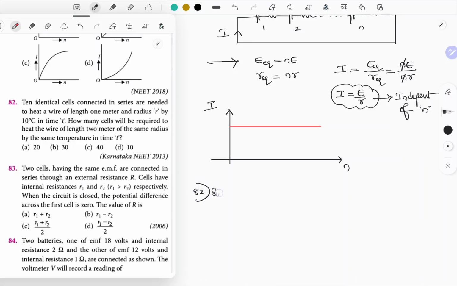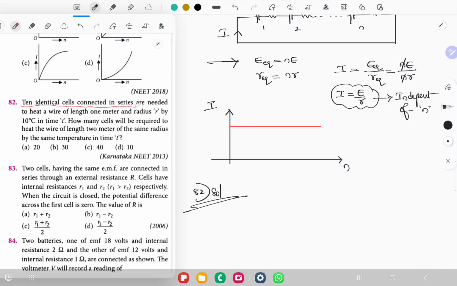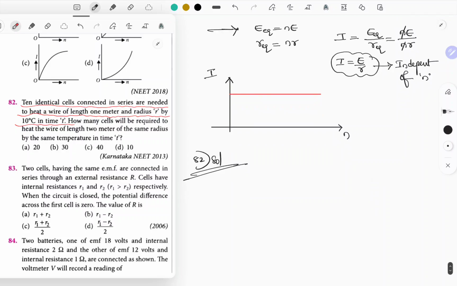82. Let me read it out. 10 identical cells connected in series are needed to heat a wire of length 1 meter and radius r by 10 degrees Celsius in T time. So similar to question number 81, they are connecting the cells in series. So EMF is going to increase n times.